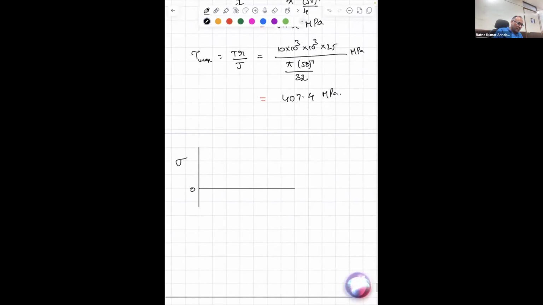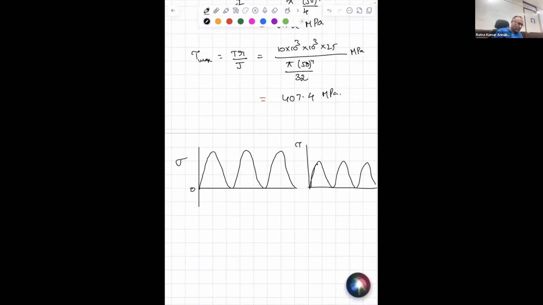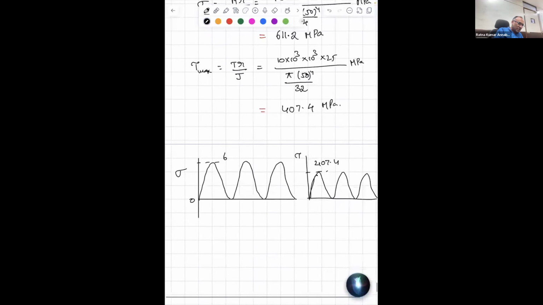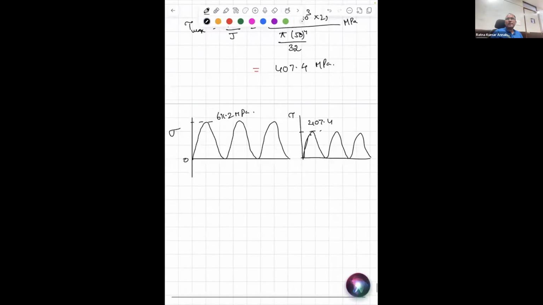So if you plot sigma now, it is cycling between 0 and the maximum like this. And similarly, if you look at tau, like that, right? This is 407.4 and this is 611.2. That is what you have calculated. Now you have to figure out how. We said R is 0.